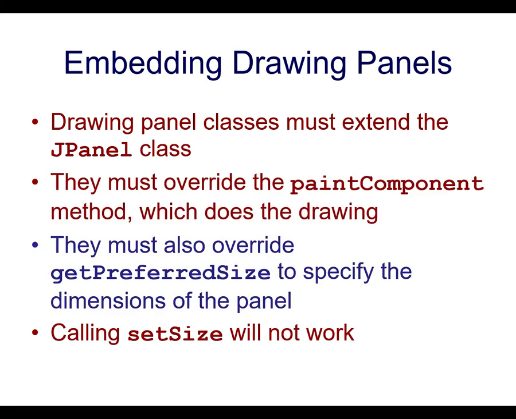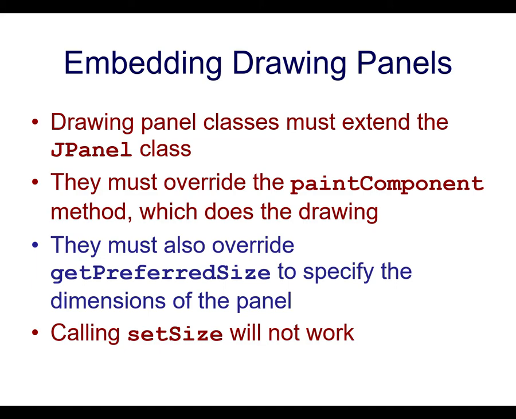But what must now be done in addition is that it is now necessary to override the method getPreferredSize to specify the preferred size of the panel. It must return an object of the Dimension class that contains the width and height desired for the panel. The method getMinimumSize can also be overridden, but that is not required.